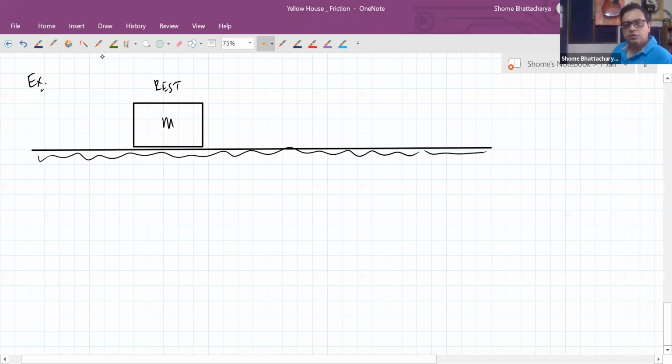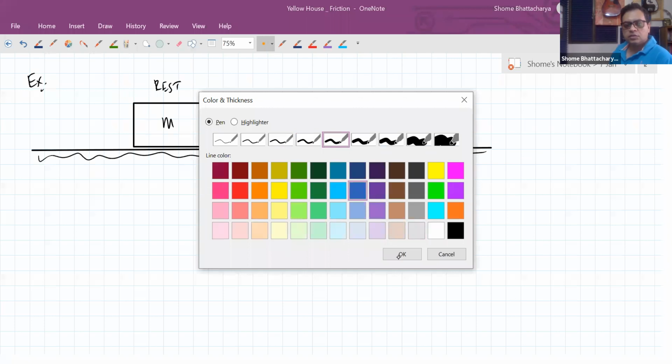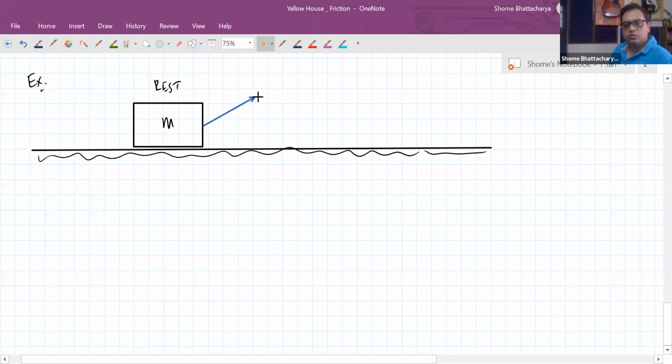Okay. Now what we want to do is make the block move by applying some kind of external force, and we are free to choose any angle theta with respect to the horizontal for that force, whereas the coefficient of friction is given to us in this particular case as 0.75, suppose.